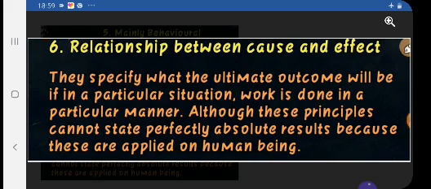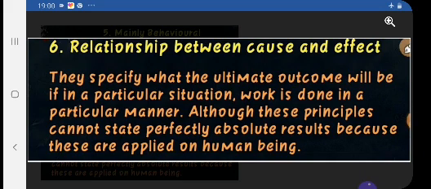Later on we will discuss the various principles of management. Suppose the cause is that work is divided on the basis of capability, qualification and interest of the individual. That leads to specialization. Means cause is division of work, and its ultimate effect is specialization on particular work.